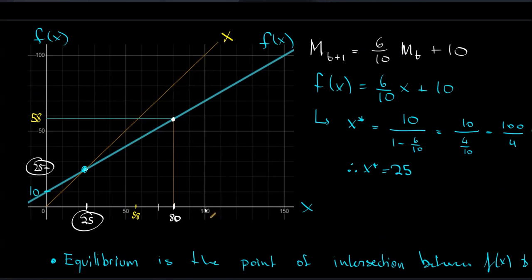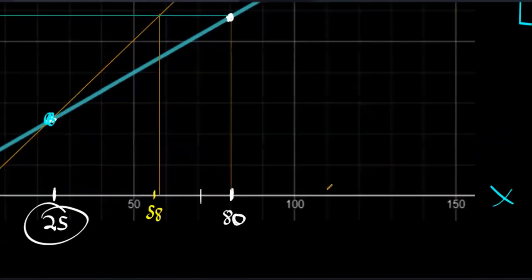If I put 100 into the function x, I get back 100. If I put 50 into the function x, I get back 50. So I can take this 58 and bounce it back down over here to get where the 58 is on my x-axis.